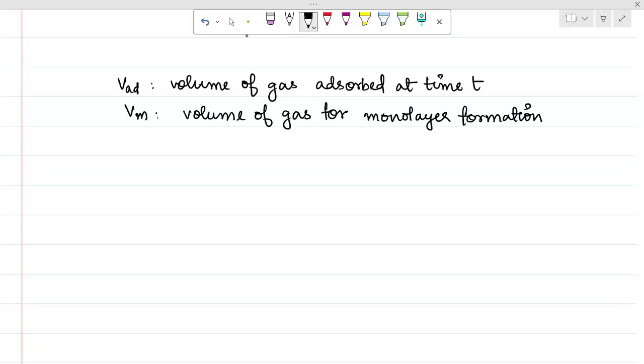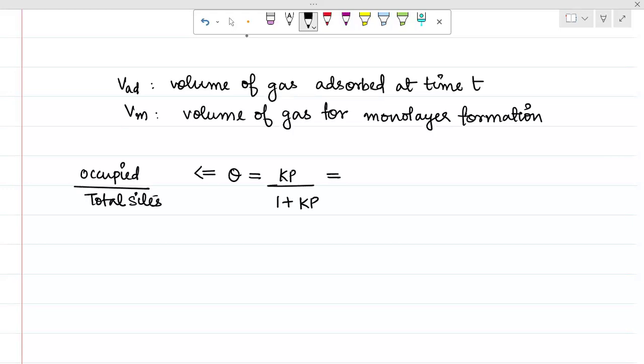Okay. Now, we already know that theta is equal to Kp by 1 plus Kp from the earlier derivations. Now, I'm going to write this in terms of Vad and Vm. We already know that theta is equal to the number of occupied sites divided by the total number of sites. Now, if you have a solid surface, and if all the active sites are occupied, that will form a monolayer.